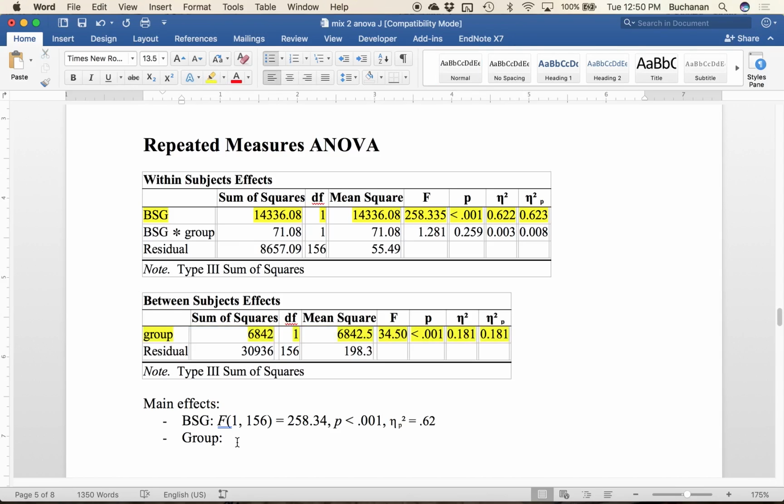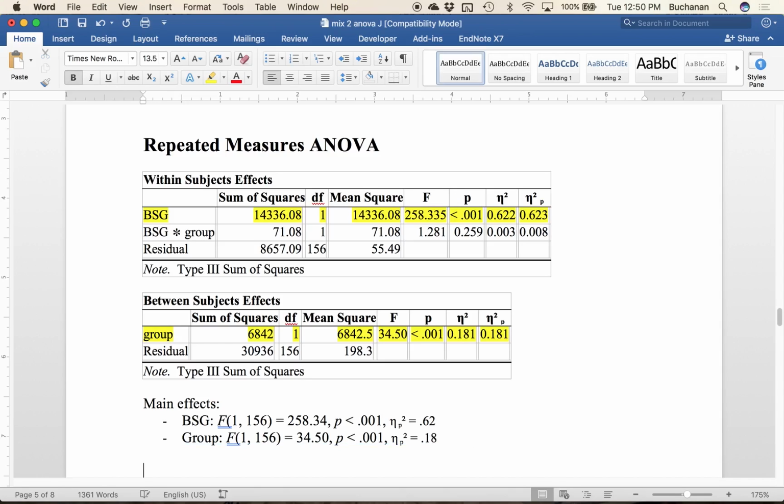Each variable by itself. 1, 156 here and here. Our F is 34.50. Again, our p-value, I'm just going to cut and paste. Careful cutting and pasting though, be sure you fill them in correctly. It is less than 0.001. Our eta squared here is 0.18, so still a medium to large effect.